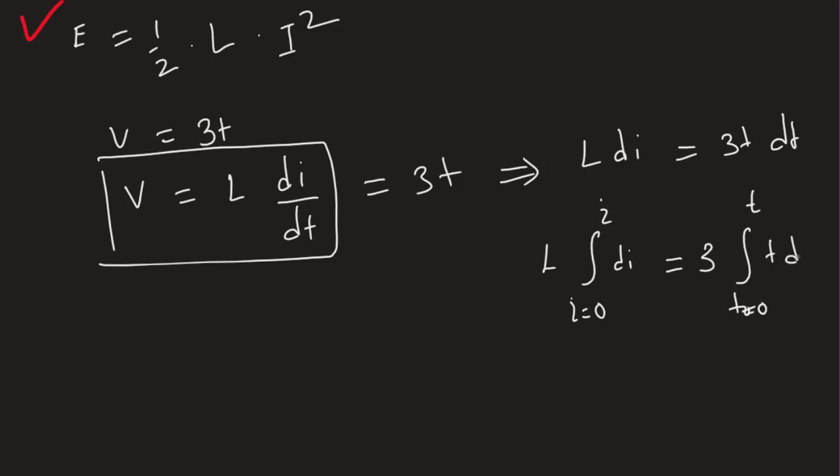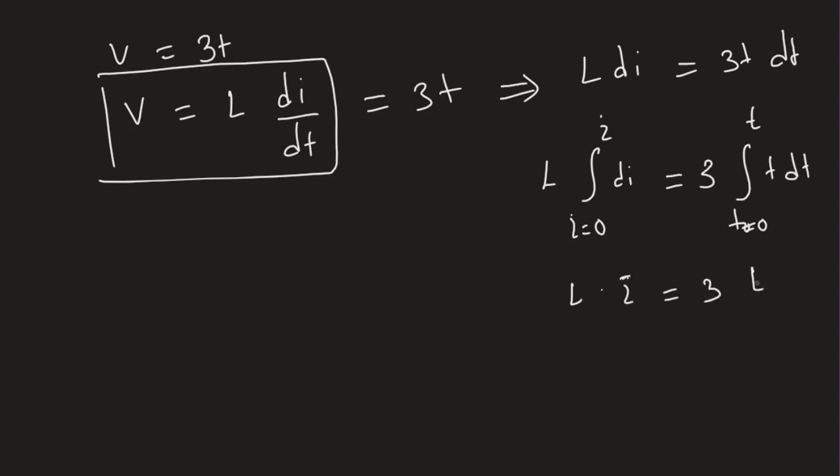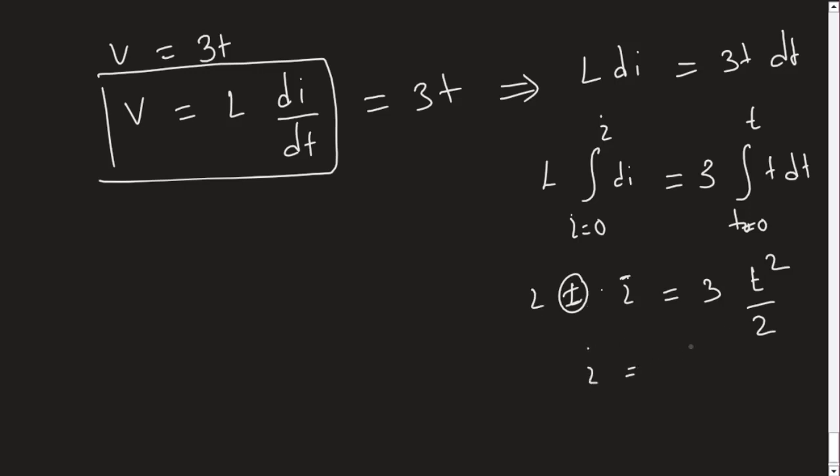So if you do the integration of this, what happens is that LI is 3 t square by 2. But we know L is 2, okay? So we can write I is equal to 3t square divided by 4.